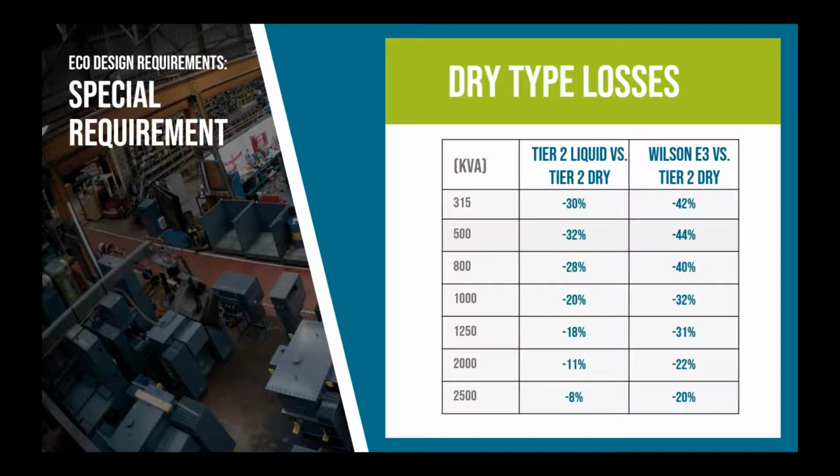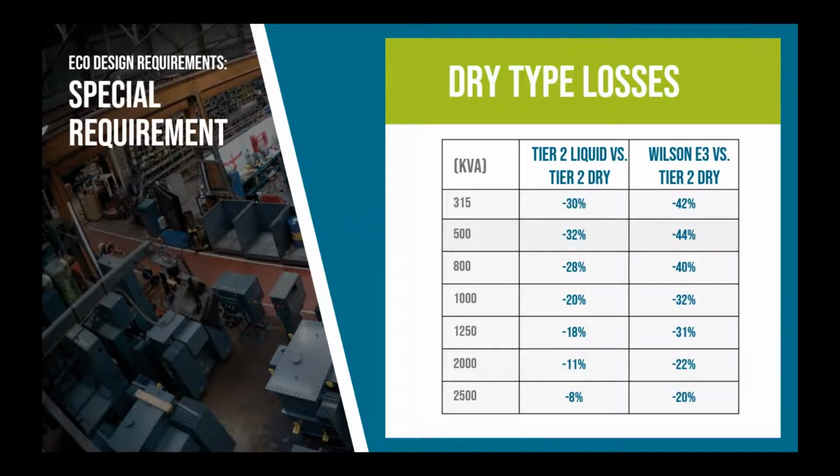When we compare the dry type to oil-filled tier 2, you can see that on average the losses are around 20% lower in the liquid tier 2. But when you compare it to Wilson E3, you have 30% lower losses from E3 than tier 2 dry type or cast resin. So cast resin tier 2, in a nutshell, will not give you the same energy, financial or carbon savings as an oil-filled tier 2.